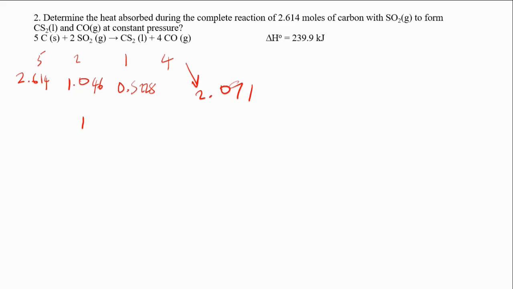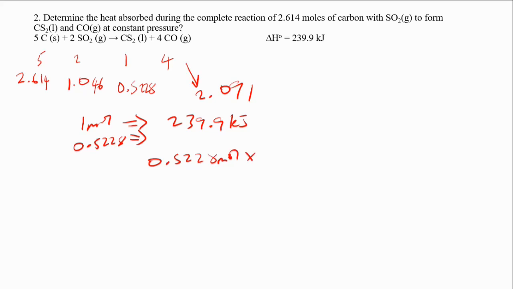So all you have to say is if 1 mole gives 239.9 kilojoules, how much would 0.5228 give? So you'll end up with 0.5228 mole times 239.9 kilojoules, divided by 1 mole.